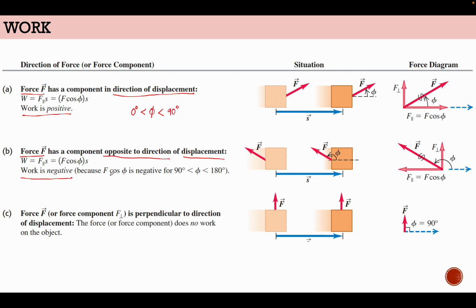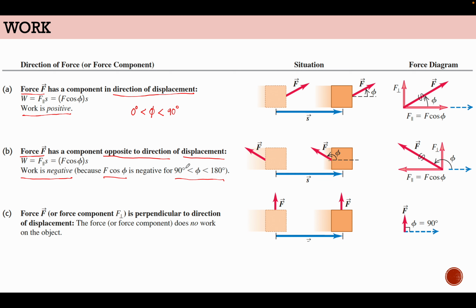So work is negative here because F cosine of phi is negative, when our angle is greater than 90 degrees but less than 180 degrees. Again, it must be greater than 90 degrees, because if your angle is equal to 90 degrees, the cosine of 90 is 0.